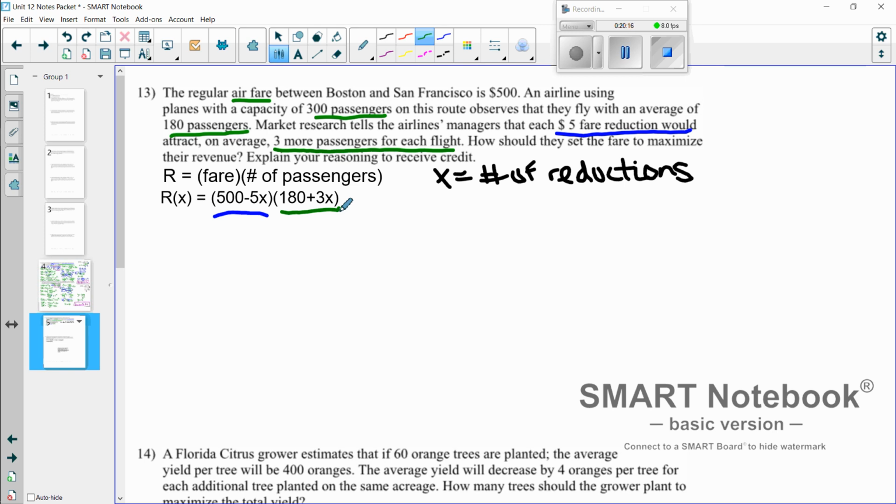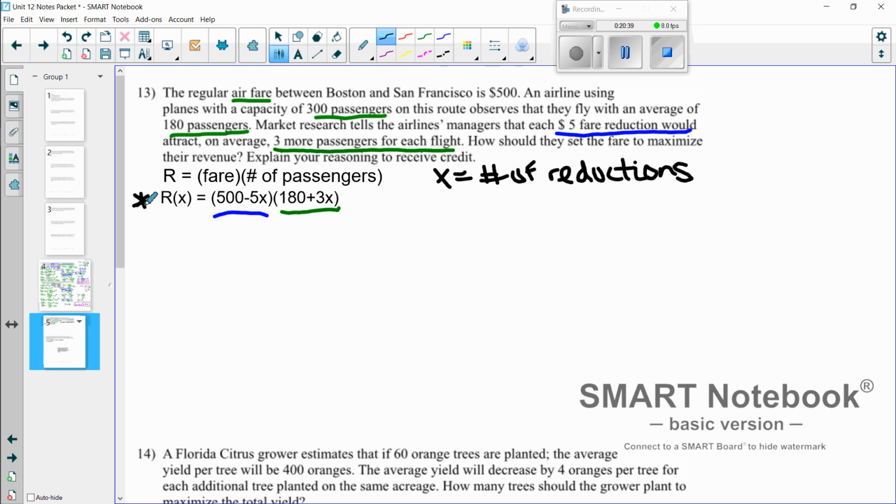Hopefully you can see why this revenue is going to be maximized. We're going to use the same method: find the derivative, find the maximum, and the question asks how they should set the fare to maximize revenue, and to explain our reasoning to receive credit.